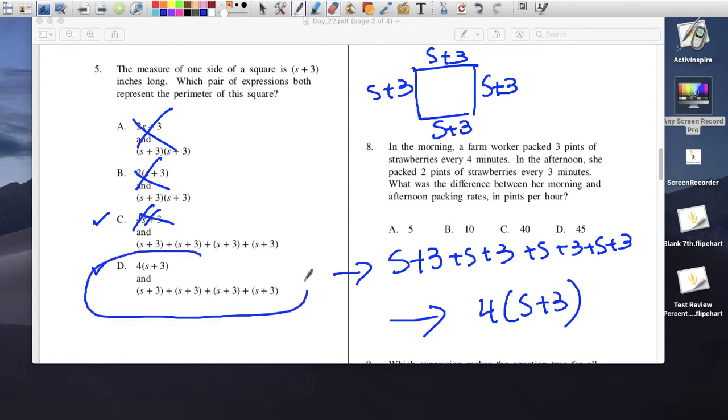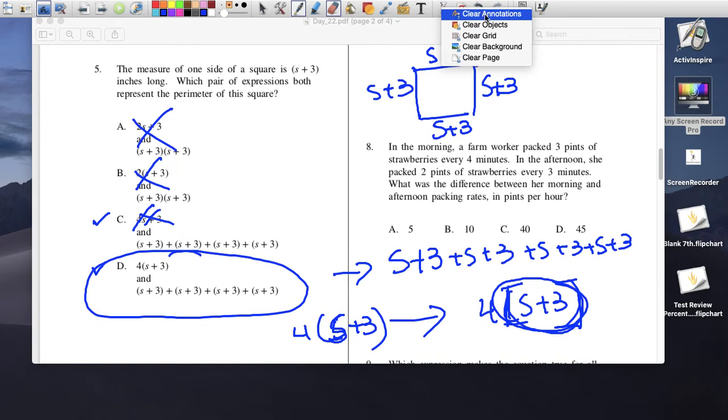So the only correct one is this one. Remember, each side is represented by s plus 3, so this whole thing represents one side. That's why we multiply 4 times this whole side, represented by s plus 3, and definitely not letter C.